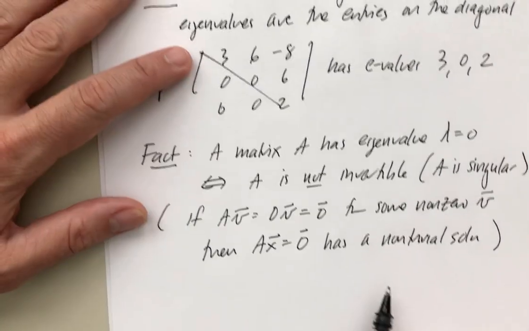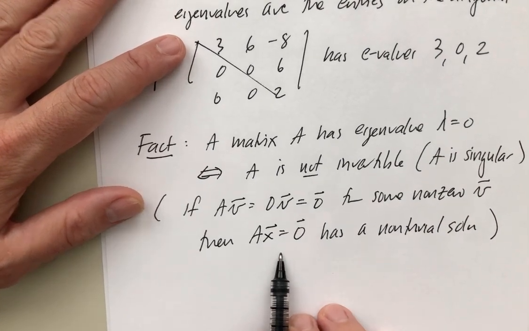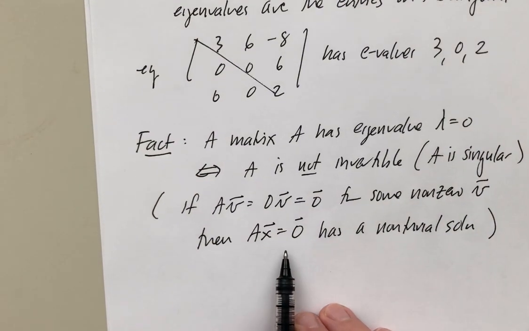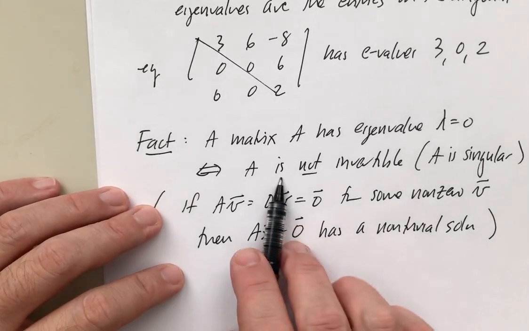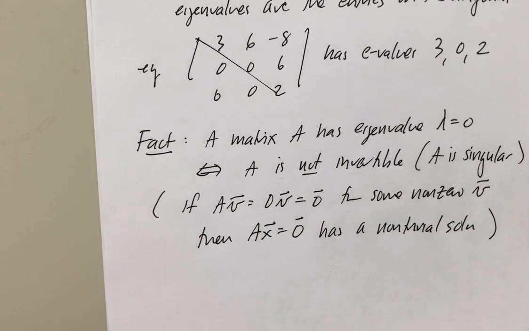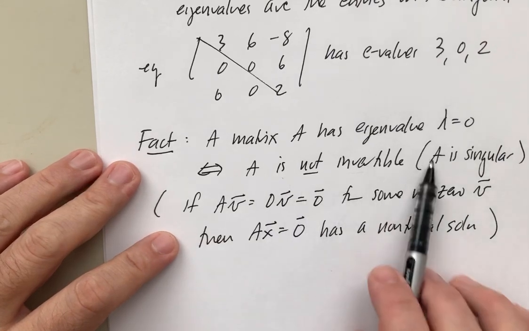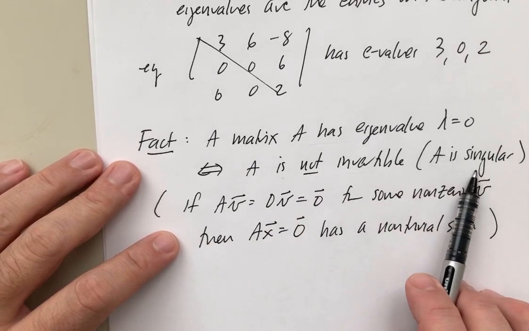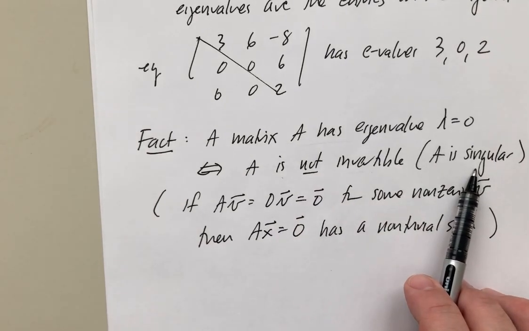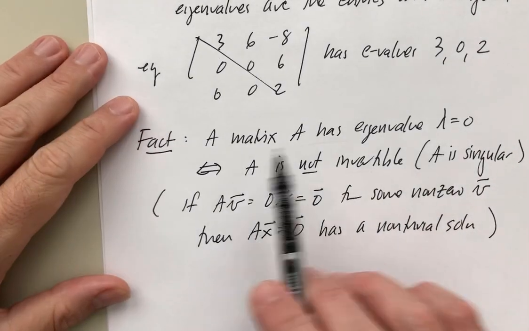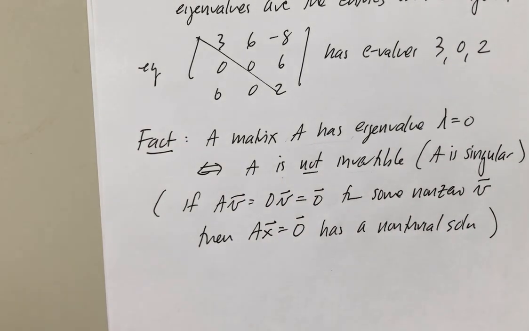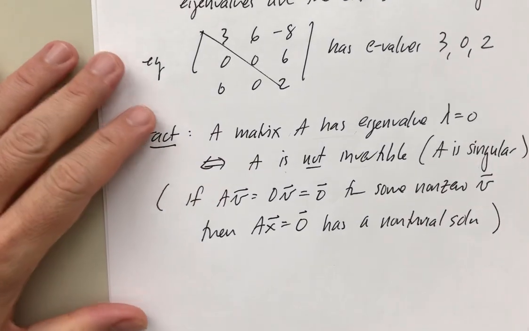And as you know, if you have a non-trivial solution of the homogeneous system, that means you have free variables, therefore the matrix is not invertible. And this actually goes the other way. If you have a singular matrix, you always have a non-trivial solution to the homogeneous system, which then gives you an eigenvector with eigenvalue 0.